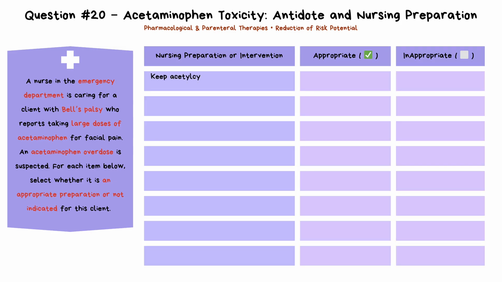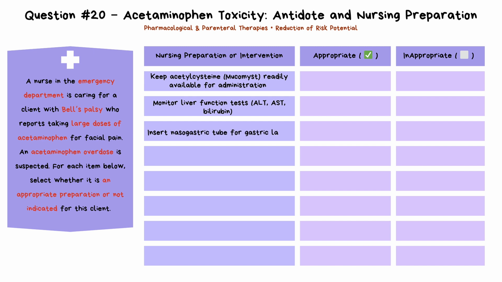1. Keep acetylcysteine, also called Mucomyst, readily available for administration. 2. Monitor liver function tests: ALT, AST, and bilirubin. 3. Insert a nasogastric tube for gastric lavage. 4. Prepare for activated charcoal administration within 1 hour of ingestion. 5.